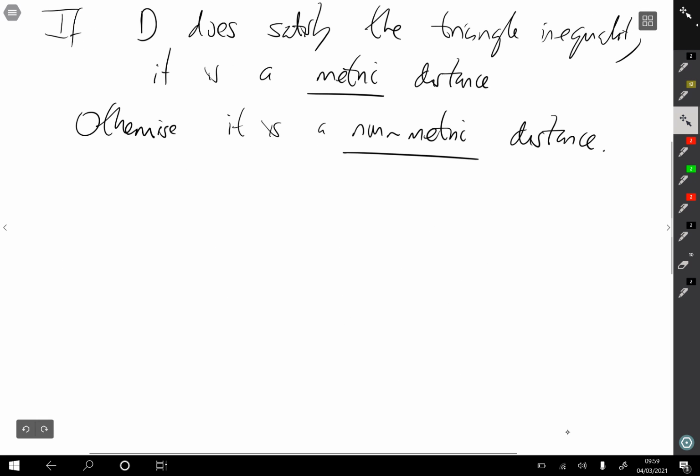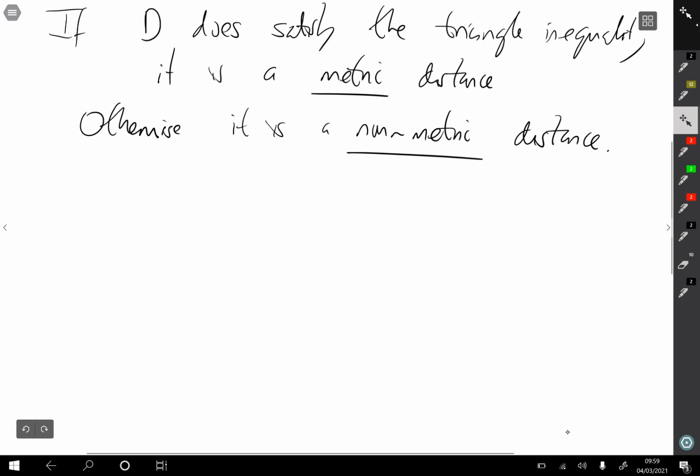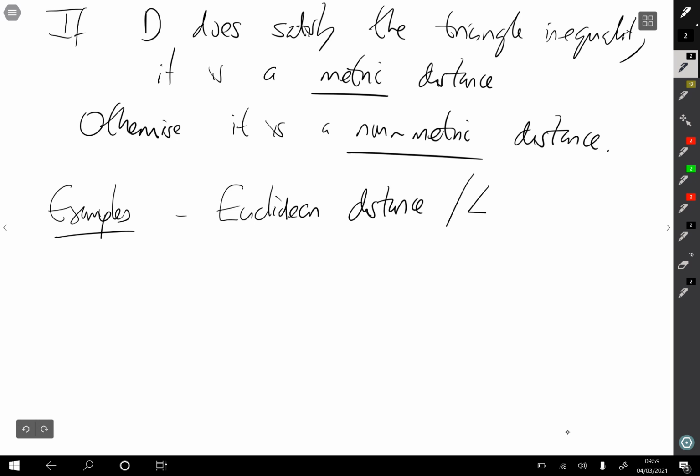So you've seen many choices of distance. Let's just have some examples. You've seen Euclidean distance, sometimes called L2 distance, or as the crow flies, the distance between x and another point x prime.